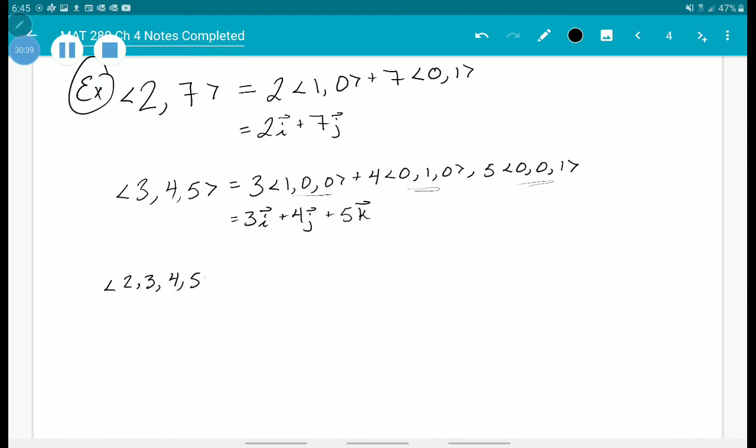So let's say we had a 4-dimensional vector and we wanted to write it in this expanded form.